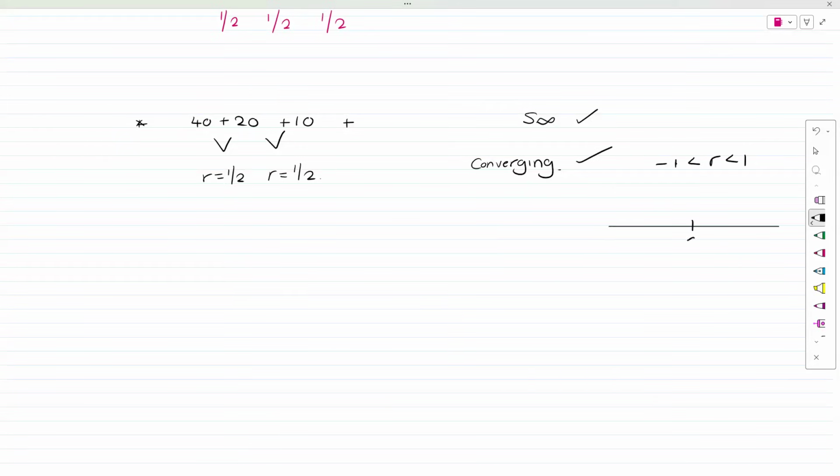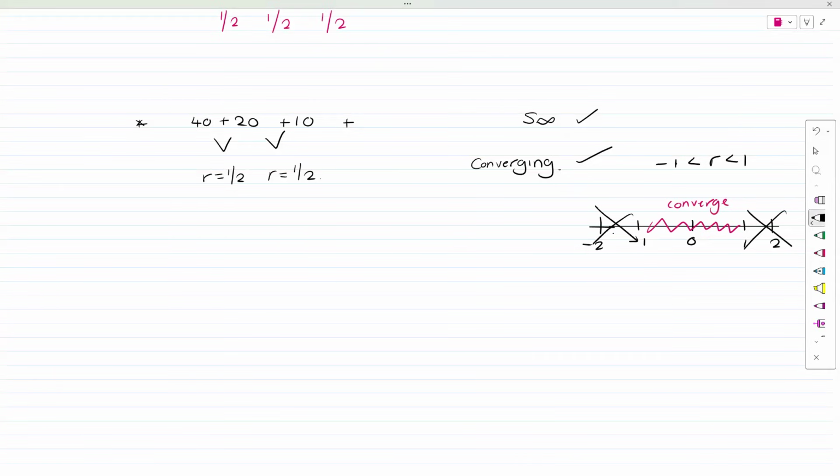If I have a number pattern here, if I have 1 here, if I have -1 here, if I have 2 here, and if I have -2 here, guys, r has to lie in between here. This is converge. Anything else is diverging. So we don't want this and we don't want that.